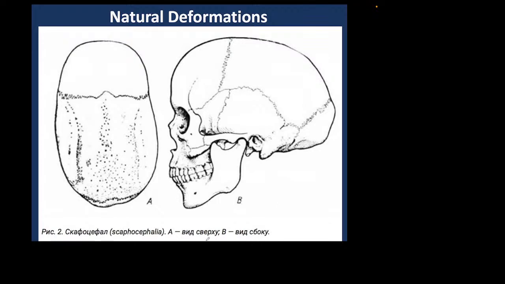Here is the scaphocephaly, when there is no sagittal suture, and it comes to such a deformation when the skull grows anteriorly and posteriorly.